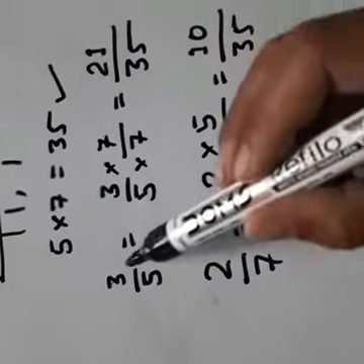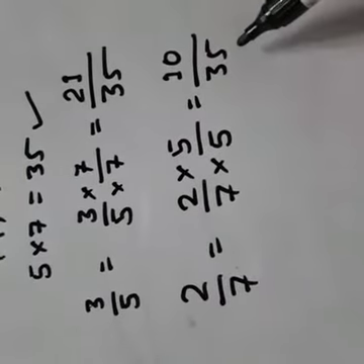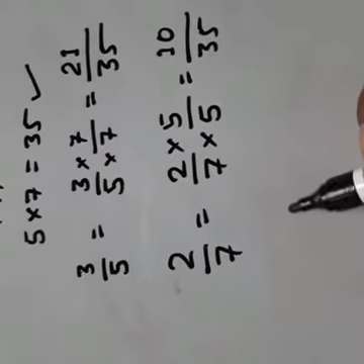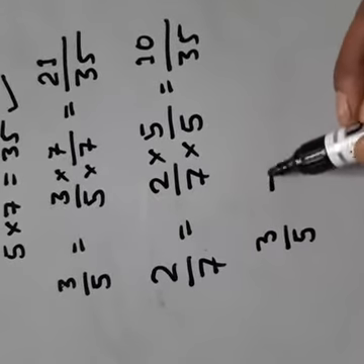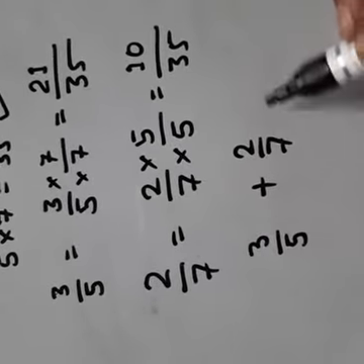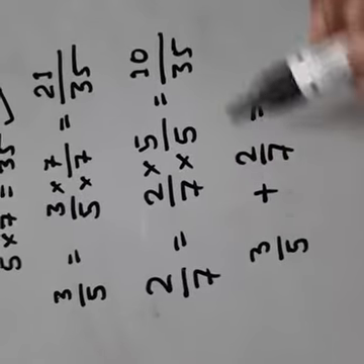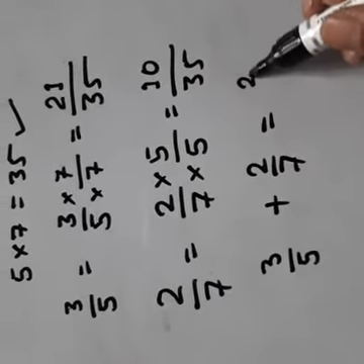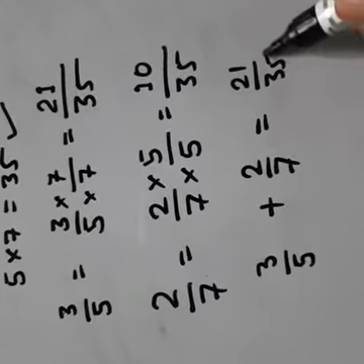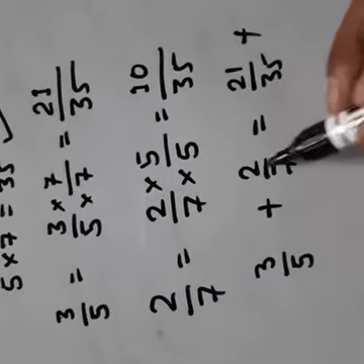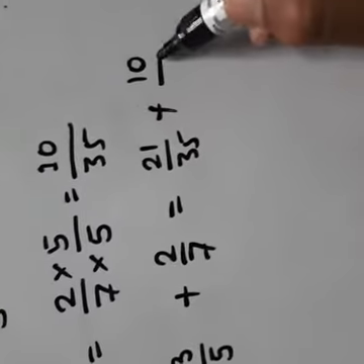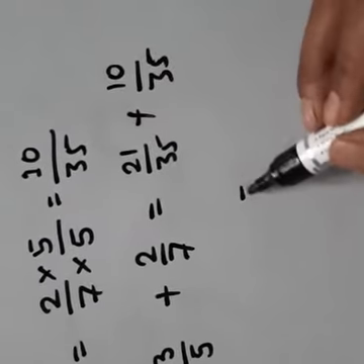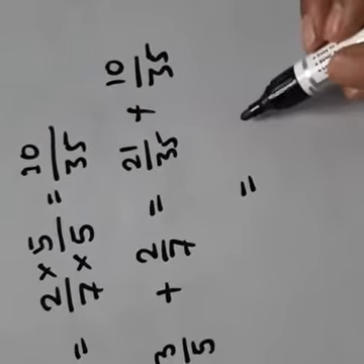So students, now we have to use 21 upon 35 in place of 3 upon 5 and 10 upon 35 in place of 2 upon 7. So actually the question was add 3 upon 5 and 2 upon 7. But now in place of 3 upon 5 we have to use 21 upon 35, and in place of 2 upon 7 we have to use 10 upon 35. Now students, you can see both the denominators are equal.